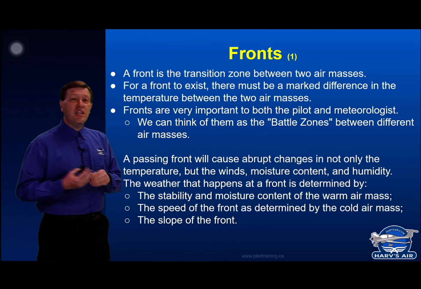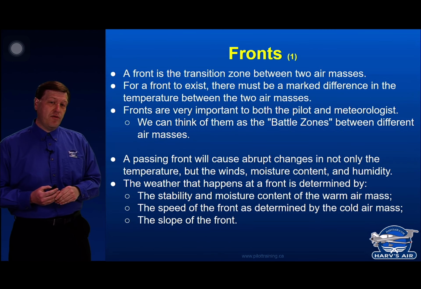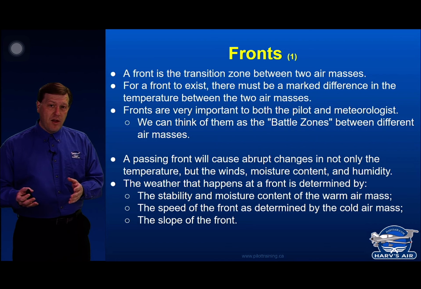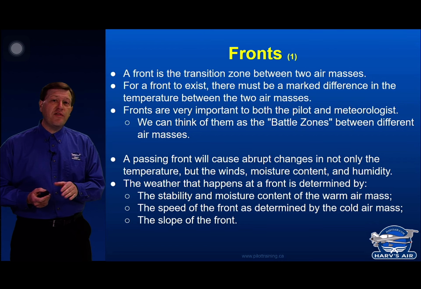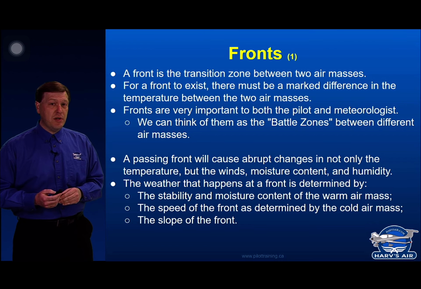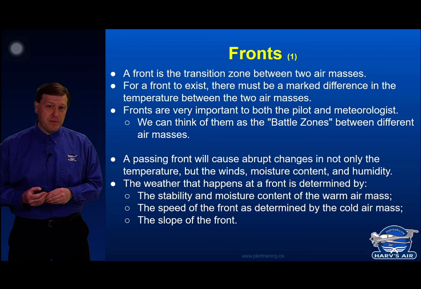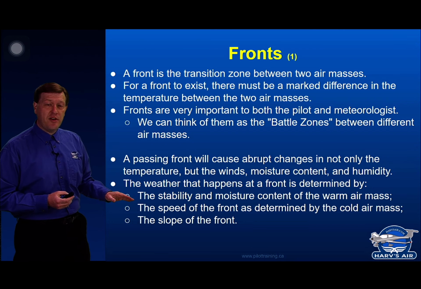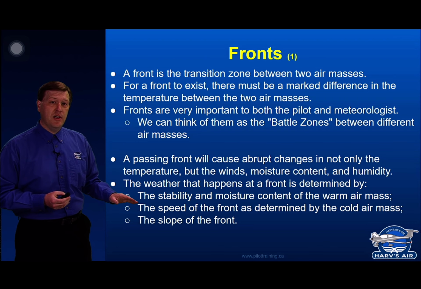Now, the exact weather that happens at a front is quite complicated, and it can be different every single time. The reason for this is there's a number of factors that will help determine the weather as a front goes by. Things like the stability and moisture content of the warm air mass.